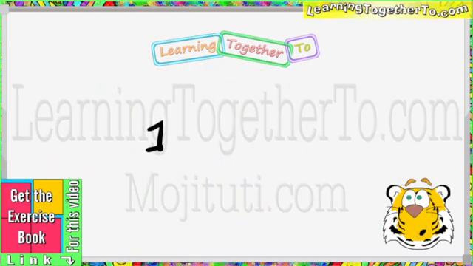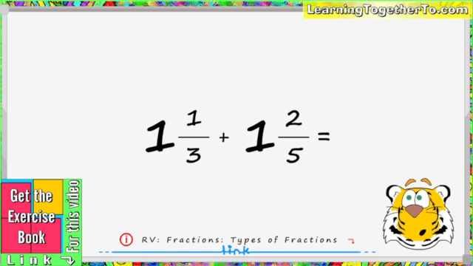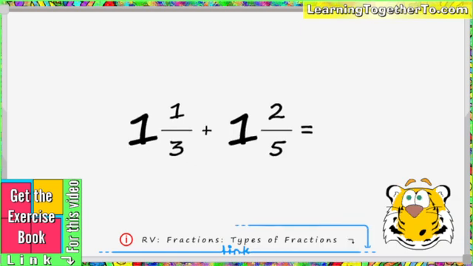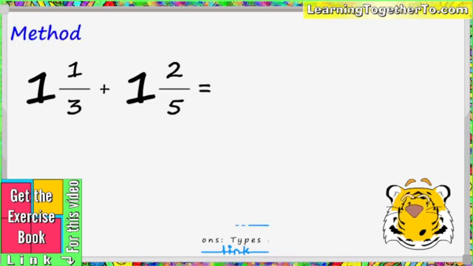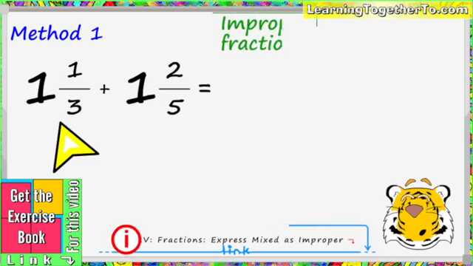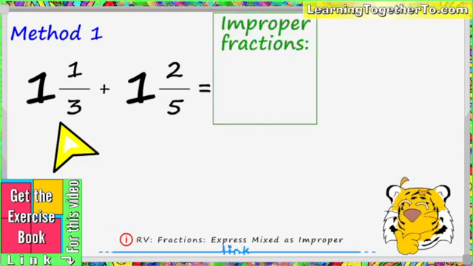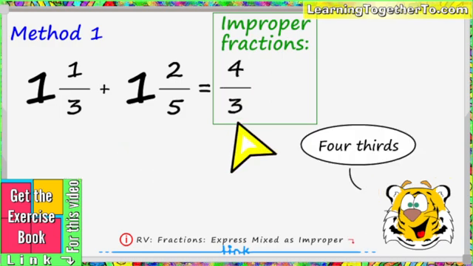Tim, 1 1/3 plus 1 2/5 is equal to what? Let's move the statement to the side and use method 1 to solve this problem. 1 1/3 expressed as an improper fraction is equal to 4/3.